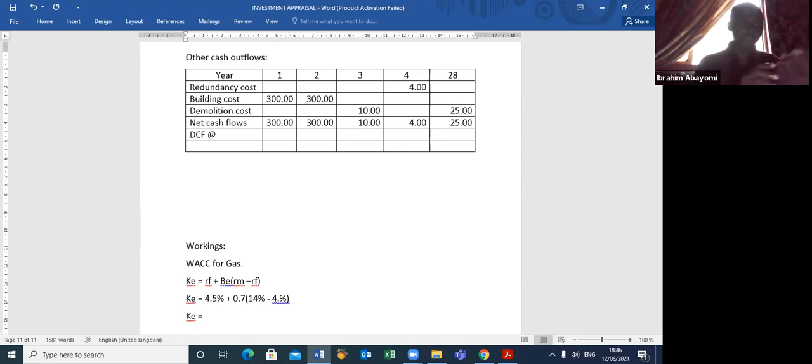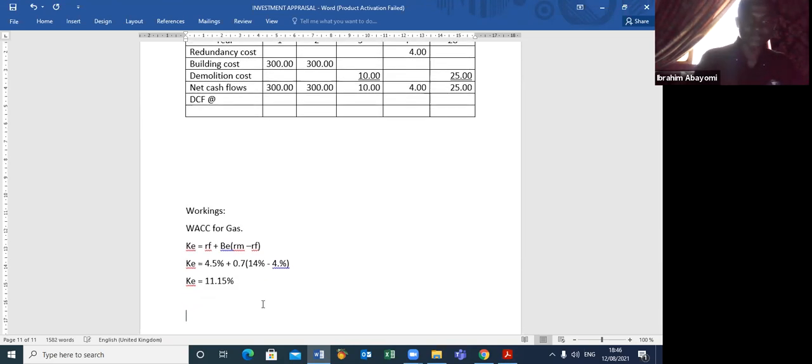Let's do it directly so that we don't waste time. We have 14 minus 4.5, times 0.7, plus 4.5. That is 11.15%. That's our cost of equity.